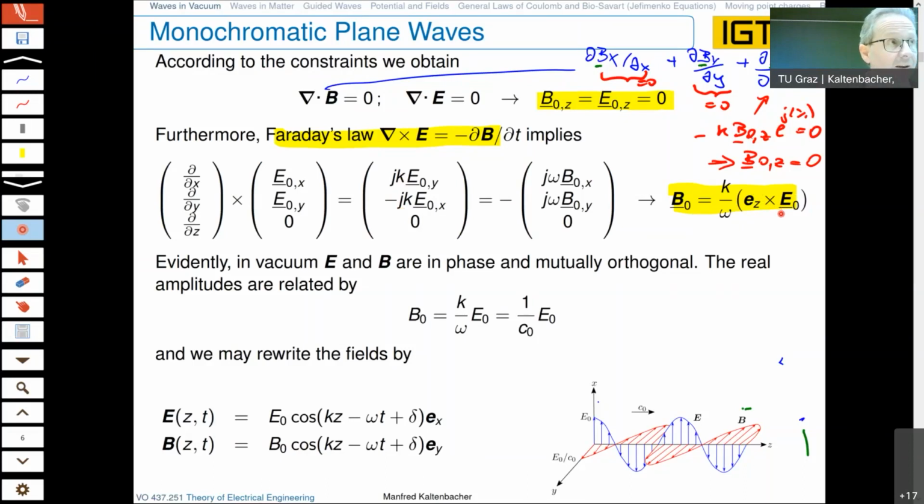Which means at the end that these two components, B0 and E0, having a direction, will be orthogonal to each other. And when we take the absolute value, we have the nice relation that the scaling is just the speed of light you have in your medium. We have chosen here vacuum. So B0 as an amplitude is just 1 over c0 times E0.